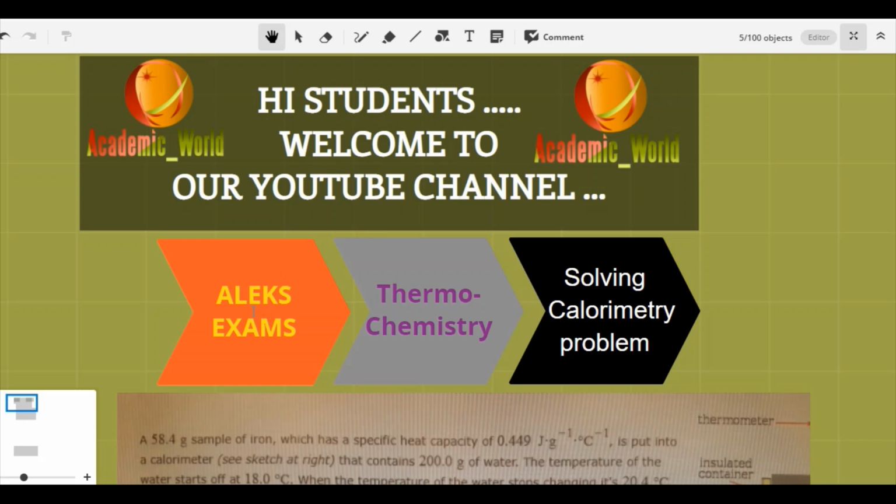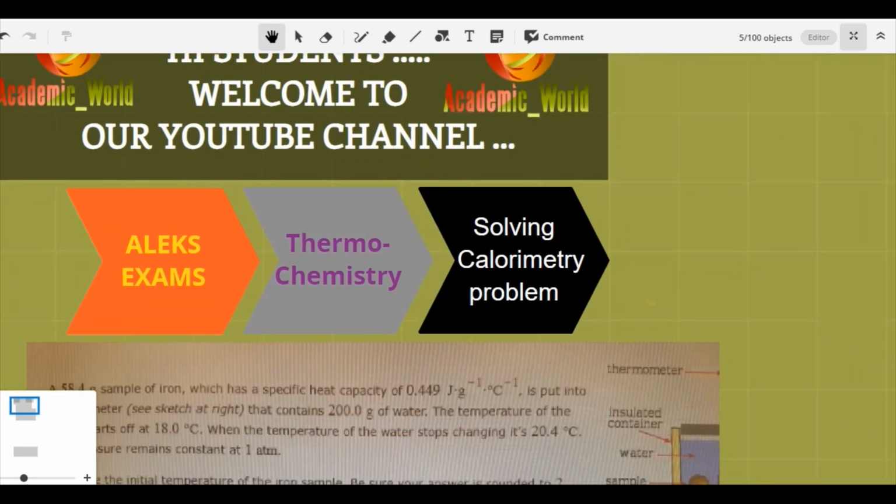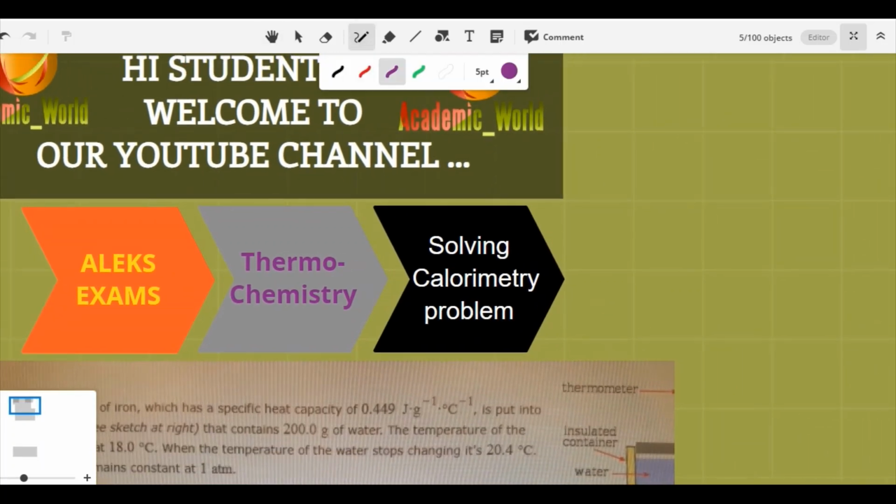Today we are going to discuss a very important topic that is related to ALEKS exams, and the topic is solving calorimetry problems. First of all, what is meant by calorimetry?